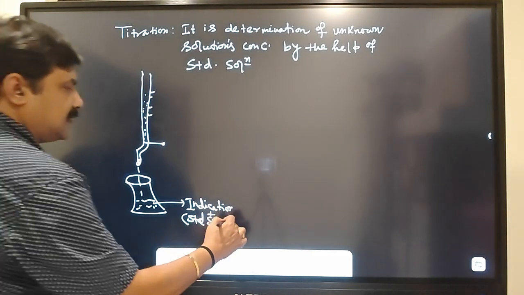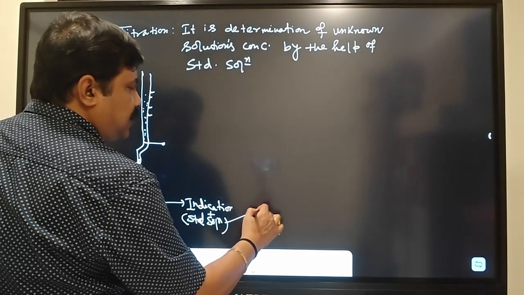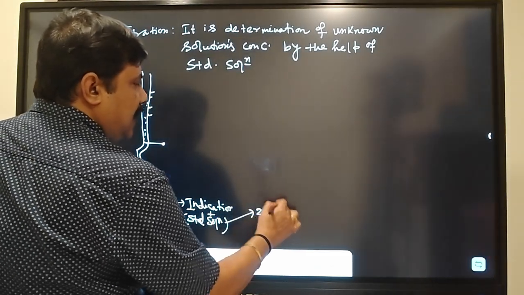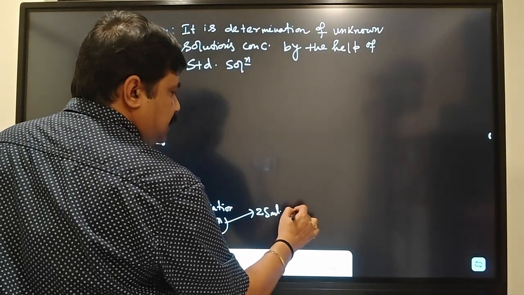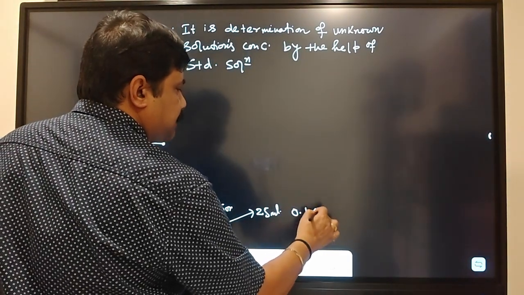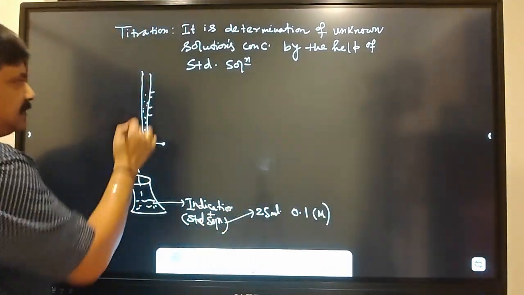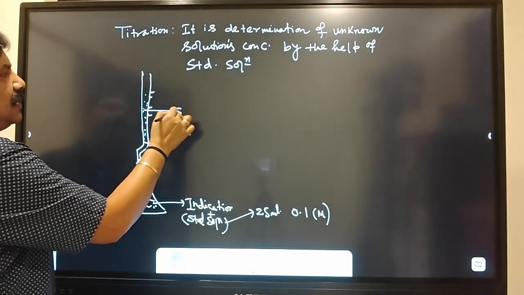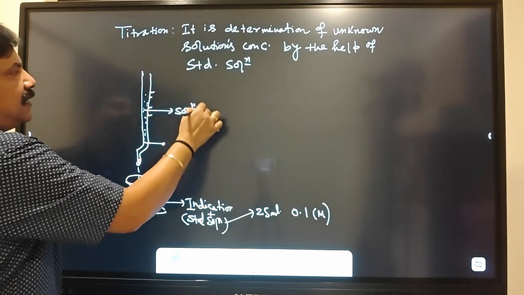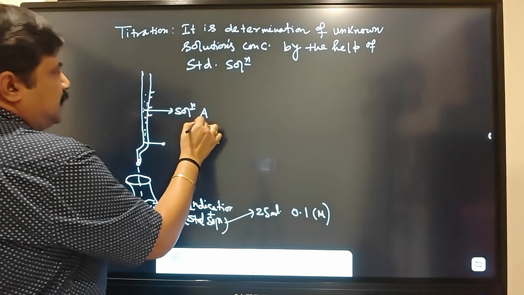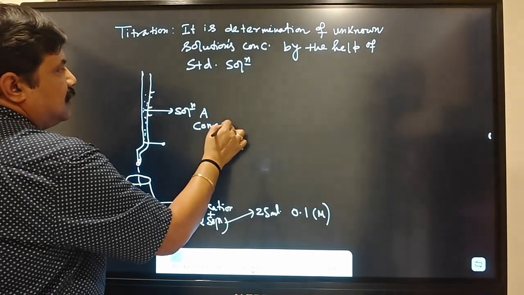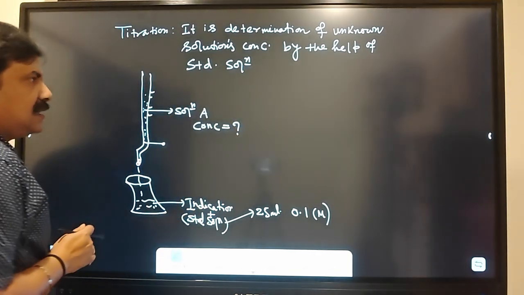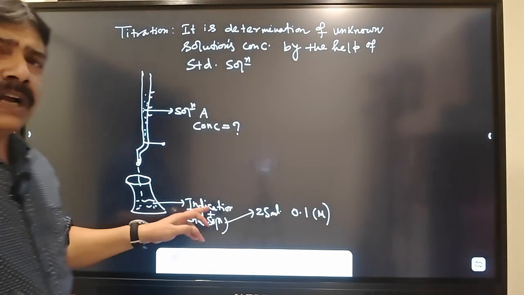Now suppose for the standard solution I am taking 25 ml with a concentration of 0.1 molar, and the solution in the burette I am calling solution A, whose concentration I need to find out. What will this indicator indicate?